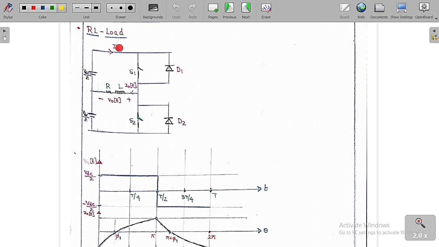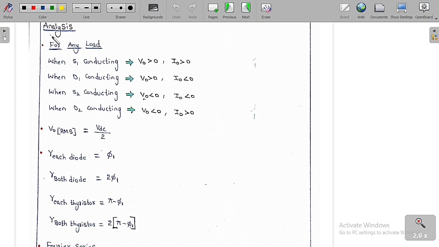So now we are going to basically understand the concept of this circuit, so we are going to analyze this circuit. As I have already told you, irrespective of the load, when S1 is conducting, the output voltage is positive and the output current is also positive.